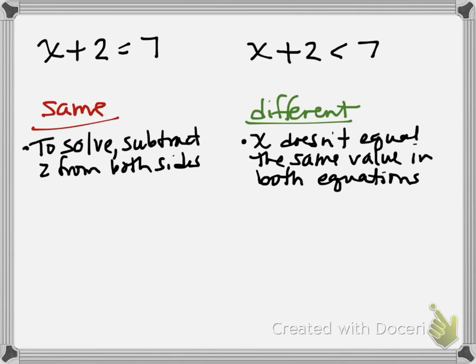Anything else? How about just physically, something that's the same or something that's different? Maddie? They both have plus signs. Okay, so both have the same operation of adding. Okay, Maggie?